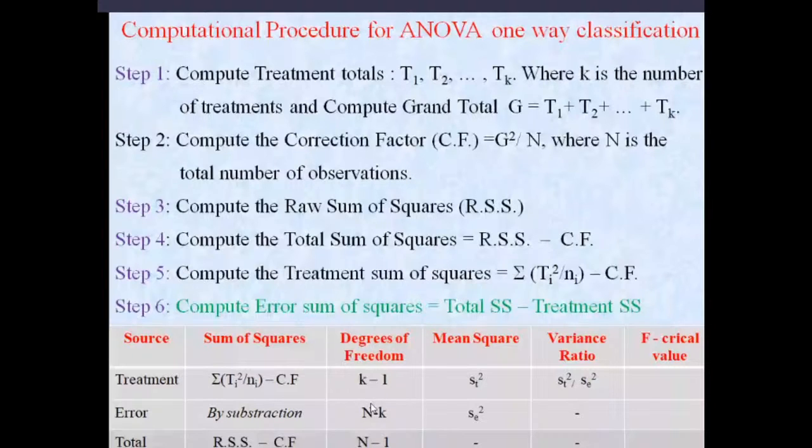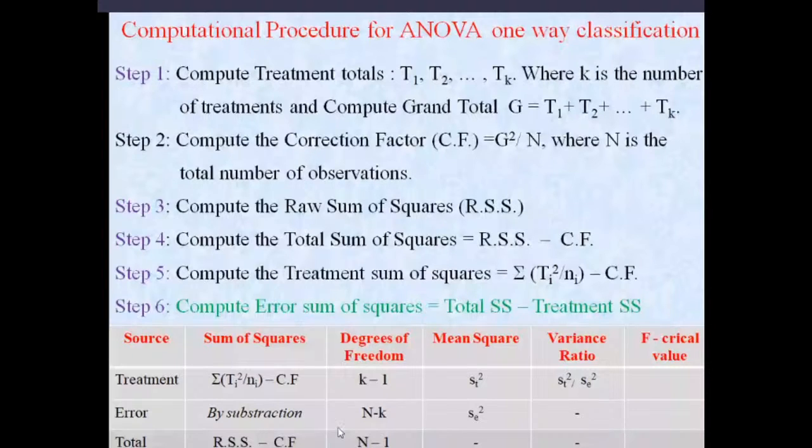Then sum of squares divided by its degrees of freedom gives the treatment mean square, and the error sum of squares divided by n minus k gives the error mean square. Then compute the variance ratio, the treatment mean square by the error mean square. So this is the computing of the analysis of variance table.